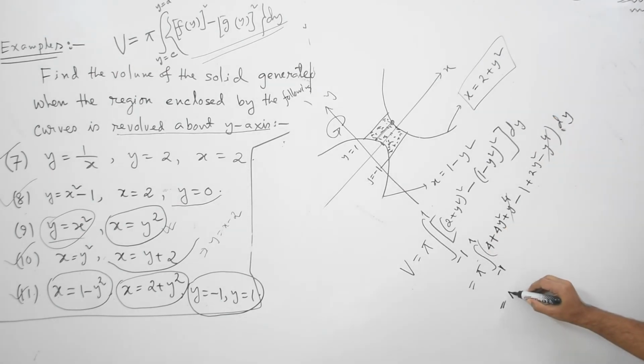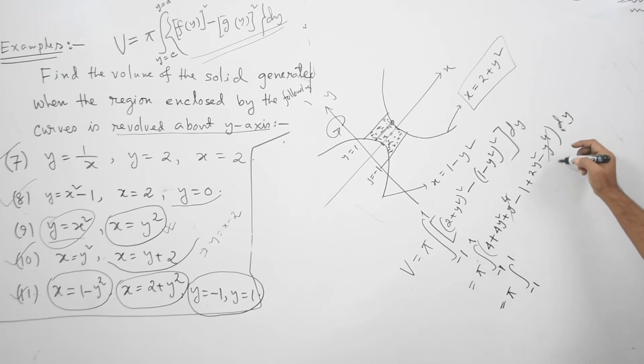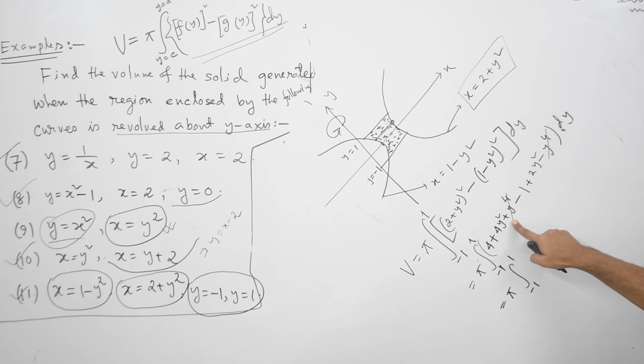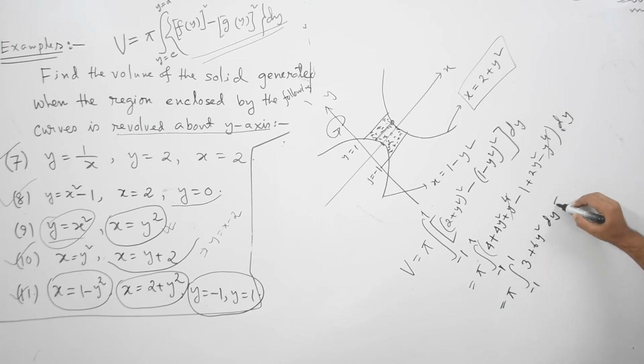From here we can write minus 1 to 1, y to the power 4 and y to the power 4 will cancel. So we have 3 plus 6y square dy. If you take 3 out of the integration, you have 3 pi, minus 1 to 1, 1 plus 2y square dy.